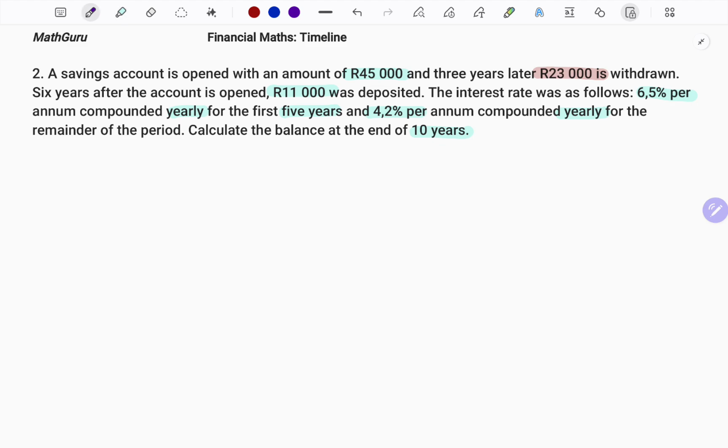So let's draw the timeline together. I start with a straight line. The initial deposit at time t equals 0, I have that as 45,000.